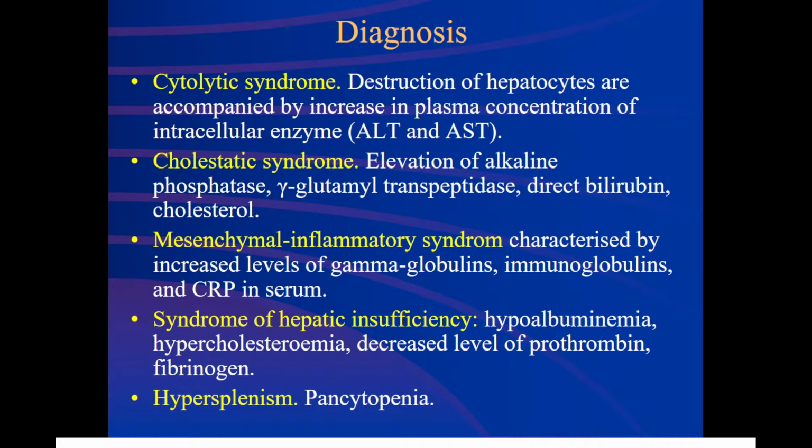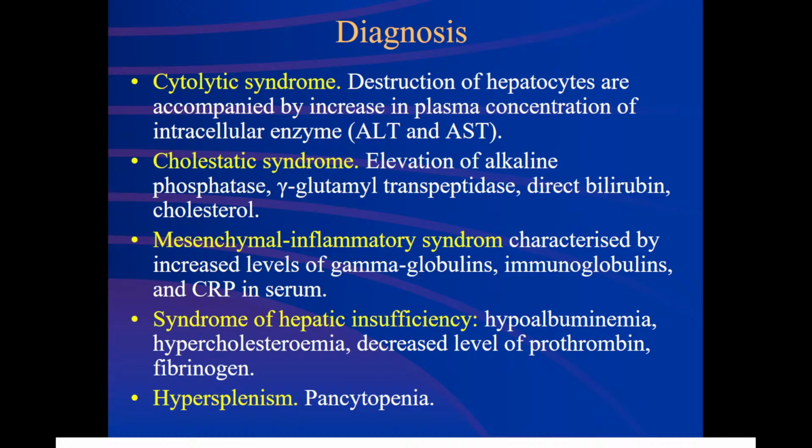Destruction of hepatocytes is accompanied by an increase in plasma concentration of the intracellular enzymes ALT and AST. More specific for liver damage is ALT elevation, which as a rule is elevated higher than AST. But in case of significant cirrhosis, it may be vice versa, AST may be higher than ALT.